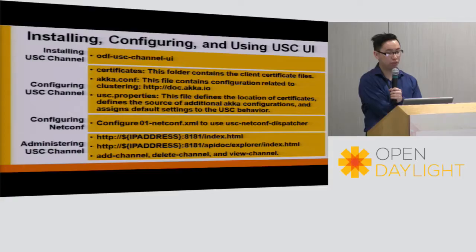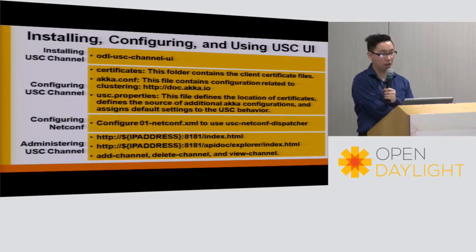There are some configurations required in order to actually use USC, and this is specified in our user guide. And I believe it's also specified in our developer guide. There are configurations that you would have to do to enable southbound clustering with our alka-conf file.